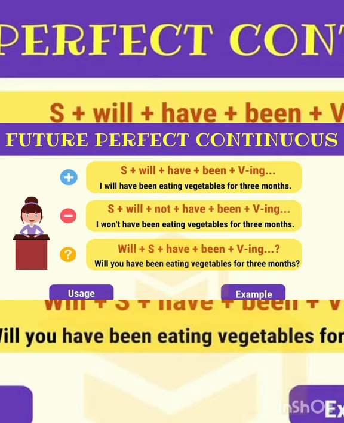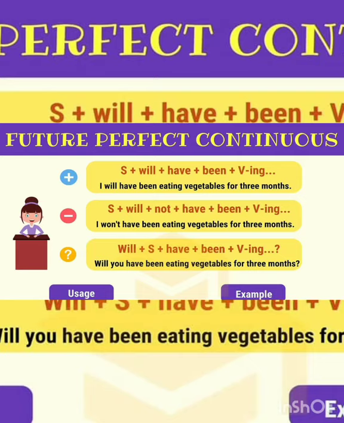And finally, to frame an interrogative sentence in this tense, first comes a modal auxiliary helping verb, that is will, and then comes a subject, and further have comes, and then comes been, and we should put verb 1, and we should add ing to the verb 1.